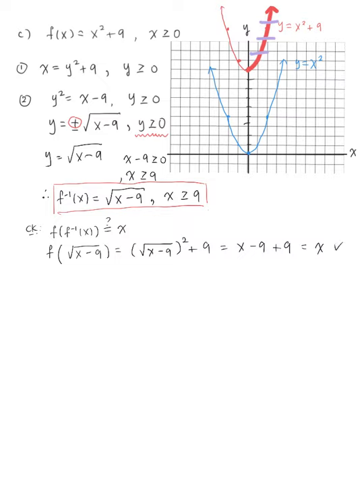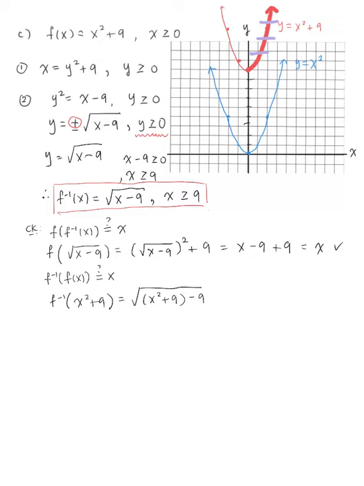Good. All right, now let's check f inverse of f of x. Is that going to give us an x back? All right, ready? f inverse of f of x, which is x squared plus 9. So that's square root of x squared plus 9 minus 9.